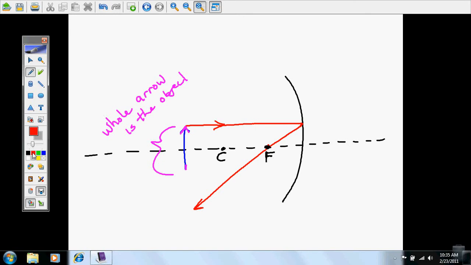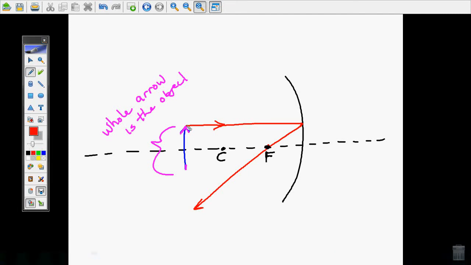Second light ray that I'm going to draw to help me locate the image, I'm going to draw a light ray coming from the head of the object that goes through the focal point.